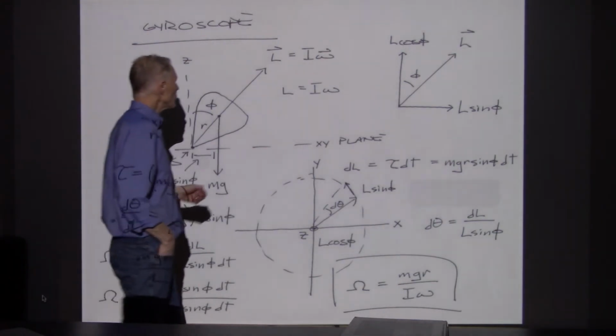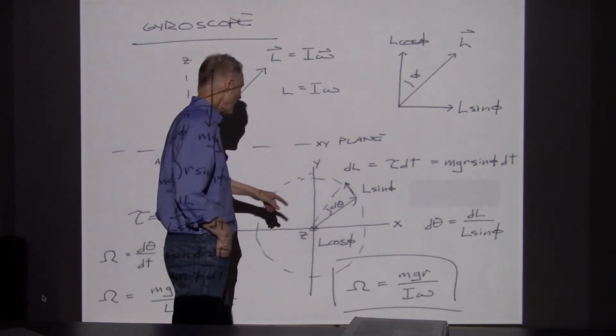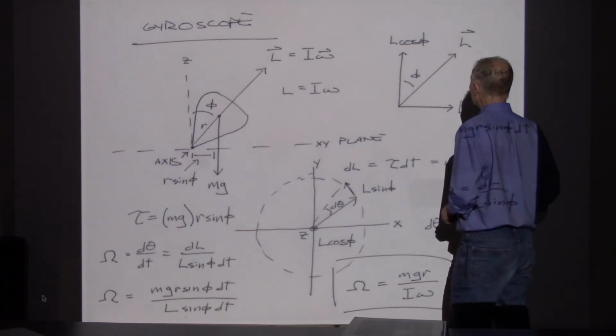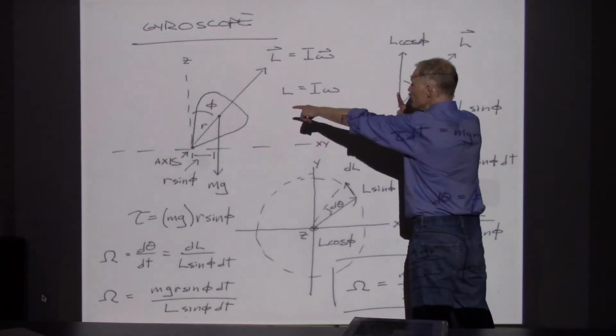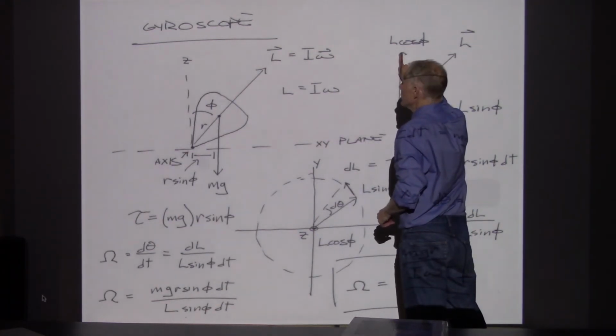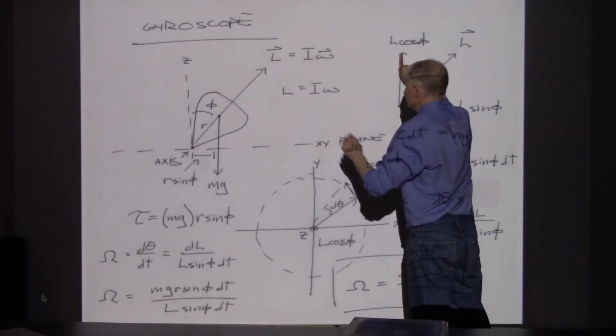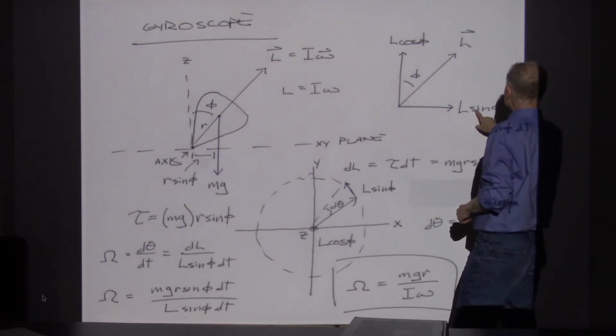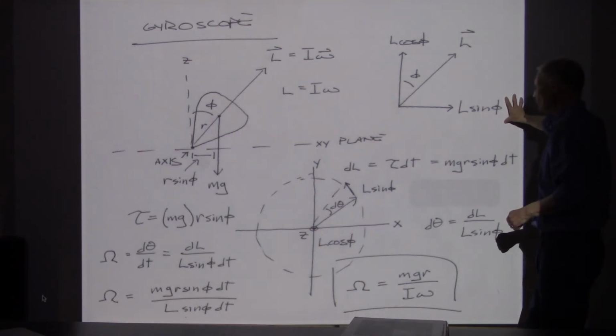Now, if we do a top view, so this is a top view here, let's measure the precession going on. From this picture, there's an L cosine phi right along the z-axis. We're not looking from above yet. And then there's a sideways angular momentum, and that's L sine phi.